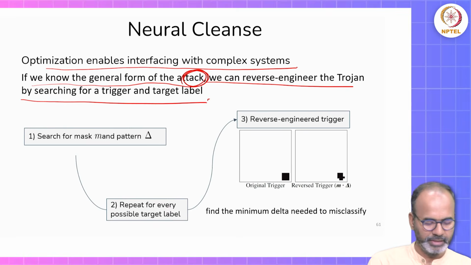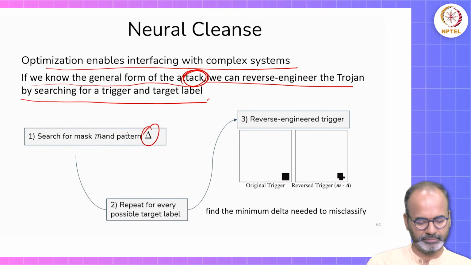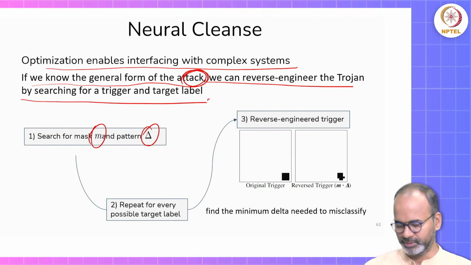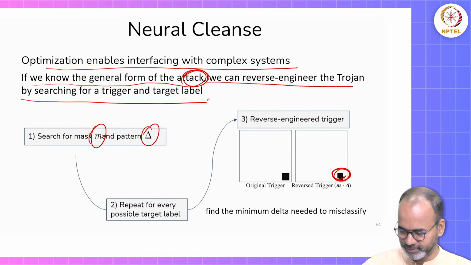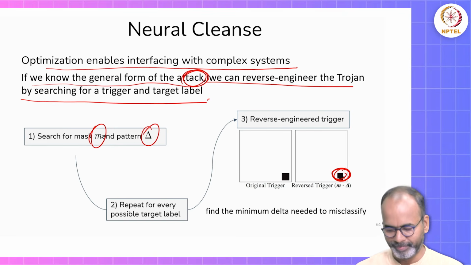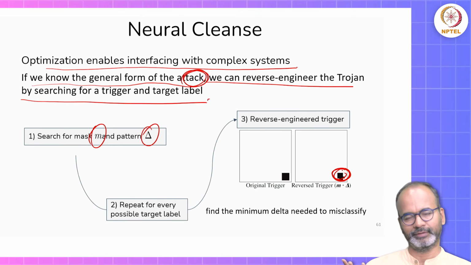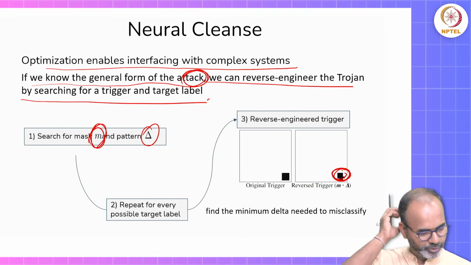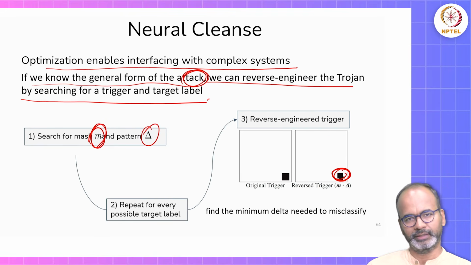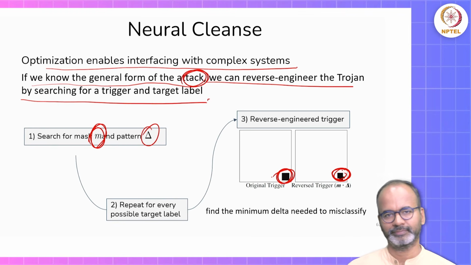Yeah. So now search for mask M and pattern delta. Right. So the thing that we're trying to do is figure out where the target is. And repeat for every possible target label. So essentially, you want to find out the pattern, which is this, where is it in the image, right?